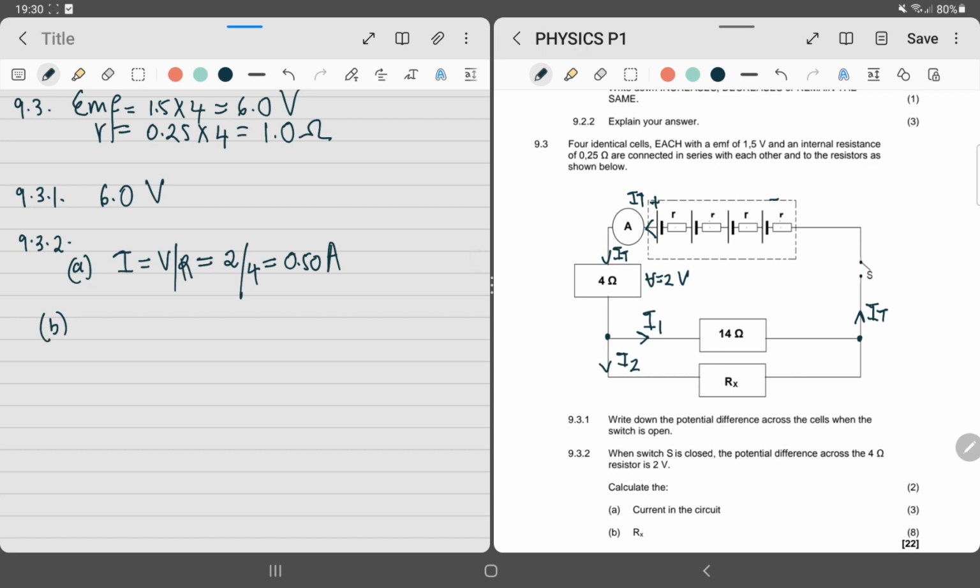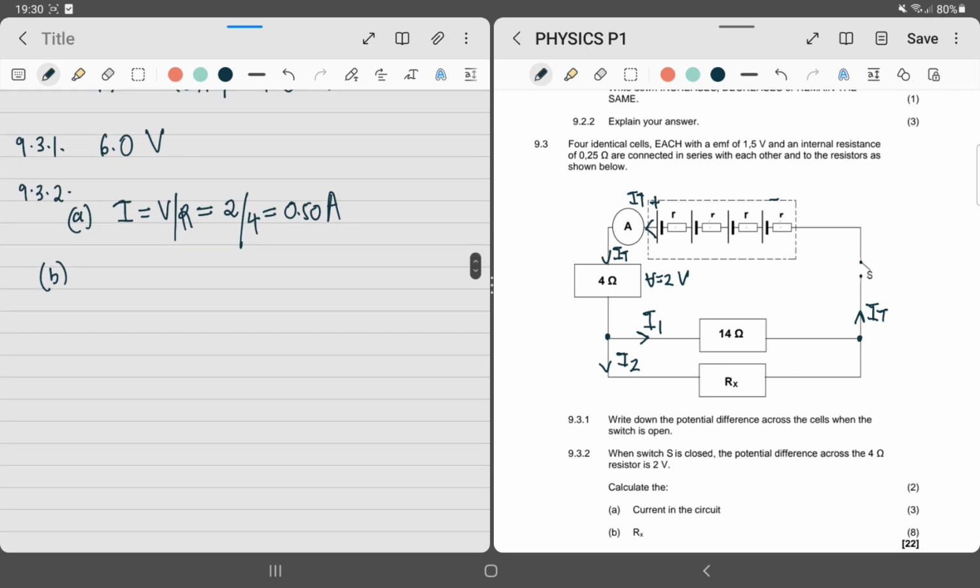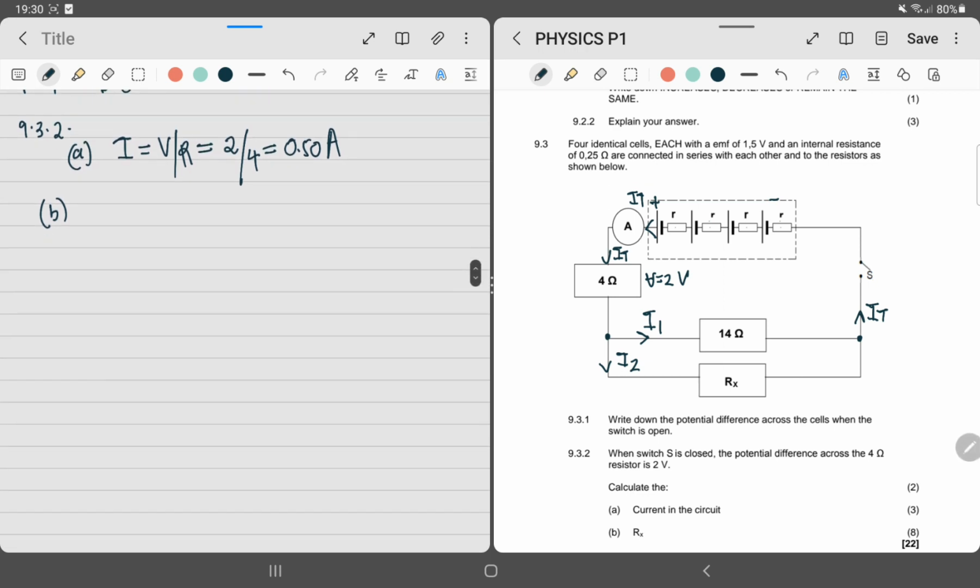B. They want us to calculate Rx. Okay, I think we'll use 2 different methods to see if we get the same answer. So this is option 1. We have the EMF, we have the total current, we don't know the R external, but we do have the internal resistance.